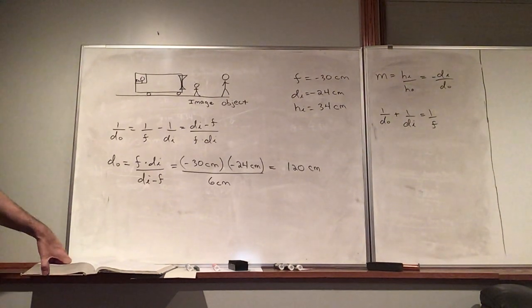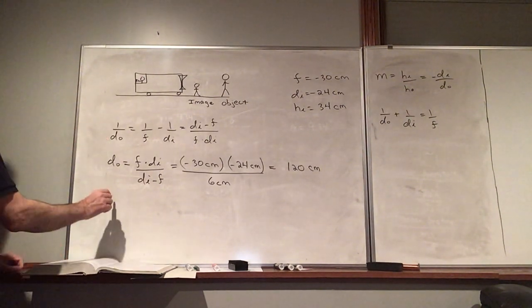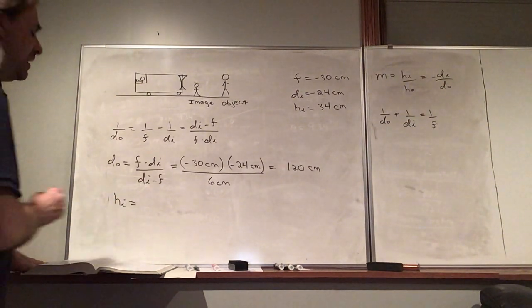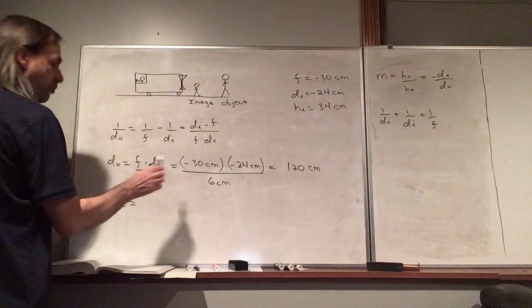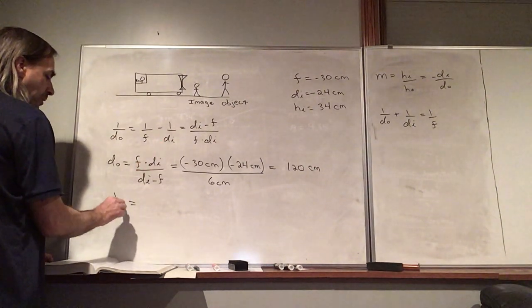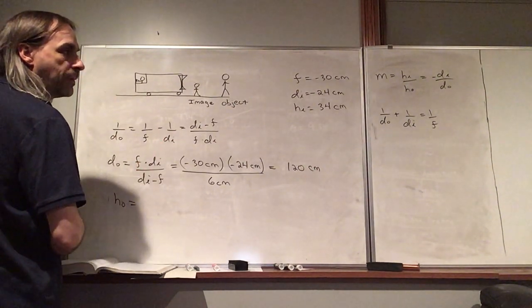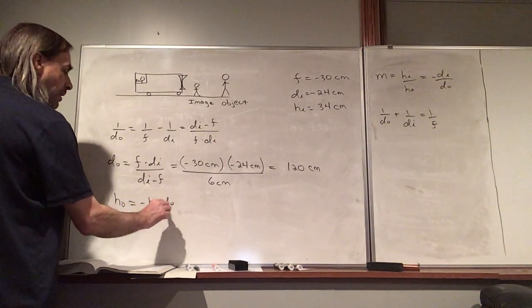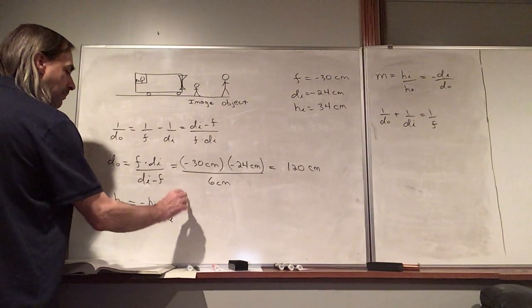And now let's find the height. That's the part that didn't make sense before. HI. So we have minus DI. Okay, we want to find the height of the object, so we've got to flip that over. So that'd be minus HI times DO over DI.